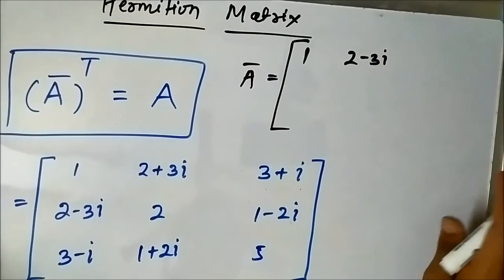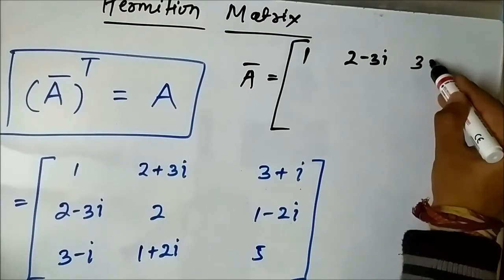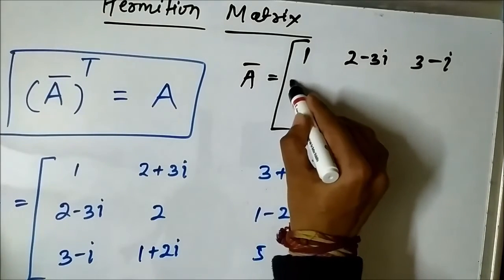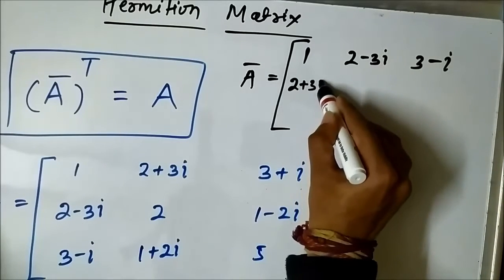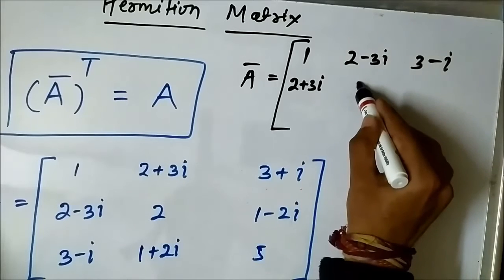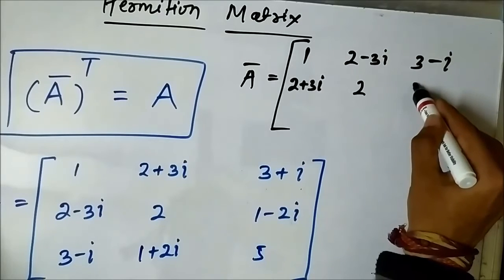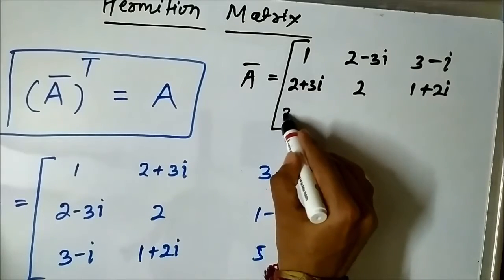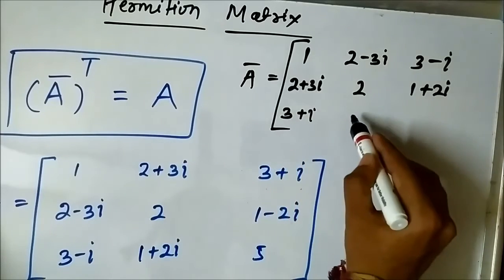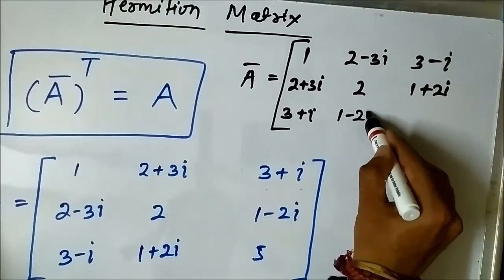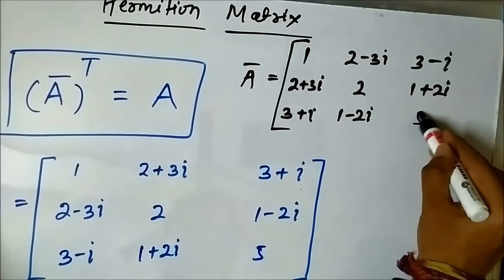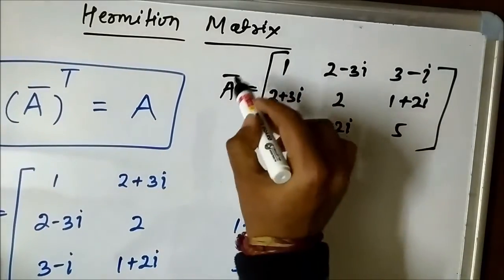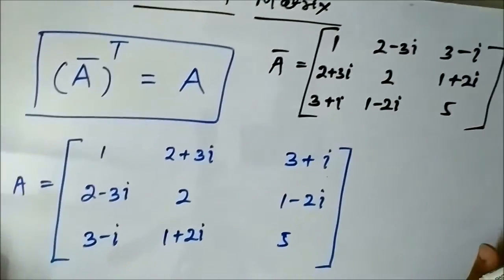For 3 plus i, the real part will stay and the imaginary part will be multiplied by minus 1. Similarly, 2 minus 3i will become 2 plus 3i, 2 will stay as it is, 1 minus 2i will become 1 plus 2i, 3 minus i will become 3 plus i, 1 plus 2i will become 1 minus 2i, and 5 will stay as it is.